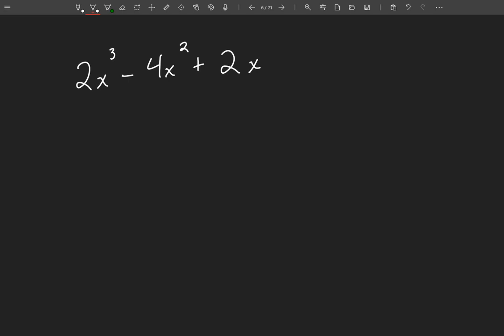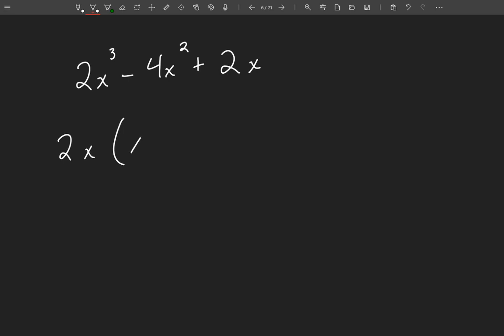Okay, you'll notice that just like the last ones, there's going to be an x in all the terms. So let's pull an x out. But if you only pull an x out, you're still going to have this 2 out front. If you remember back to when we did the factoring video, if there's a number out front and you can pull that number out of all of them, do it. So I'm actually going to pull out a 2 and an x, both.